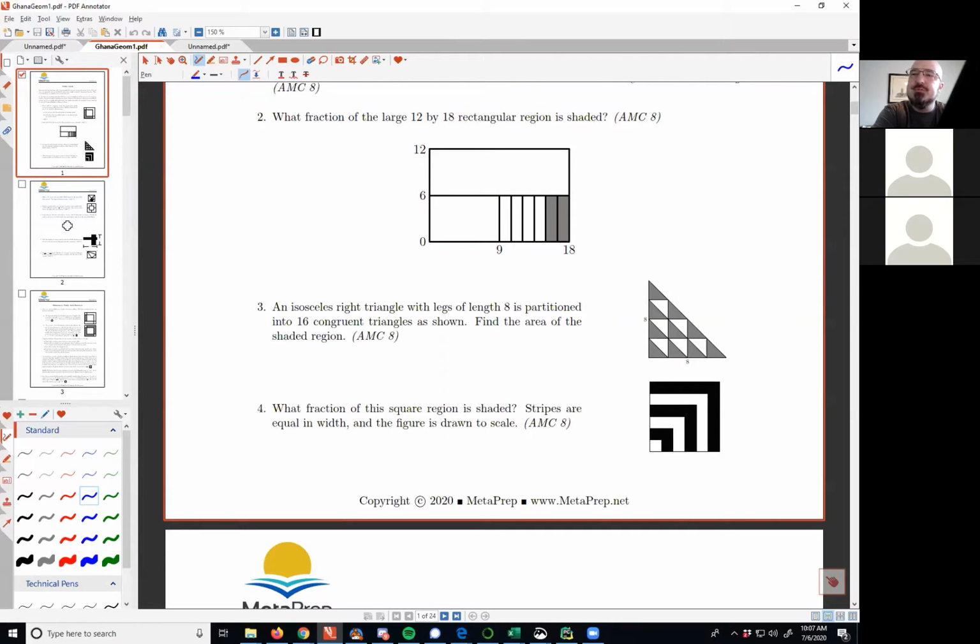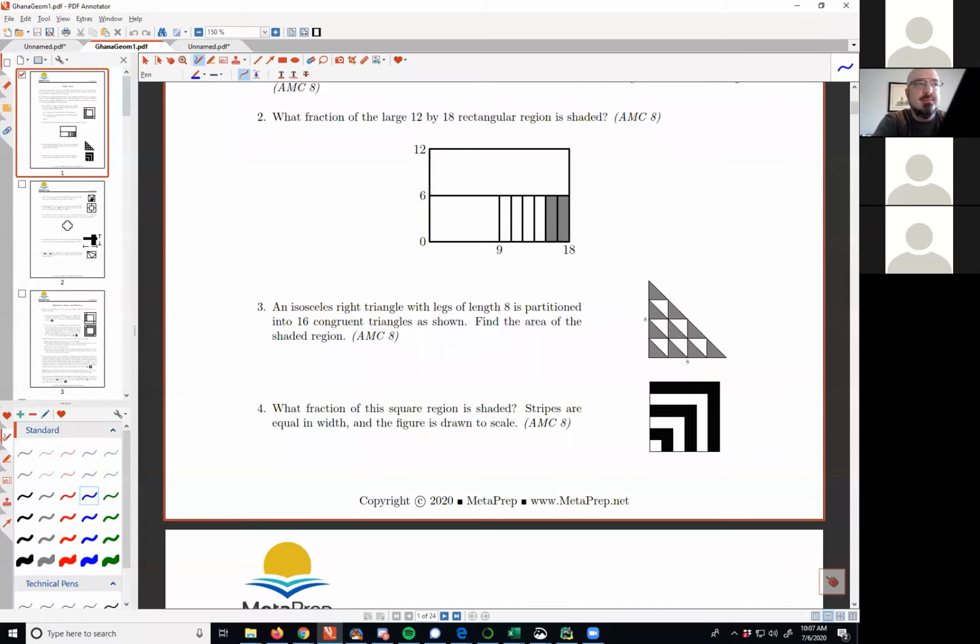I think we can do this even more simply. You can see that the 6 by 18 rectangle is half of the whole rectangle. And then the 9 by 6 is a quarter of the whole thing.